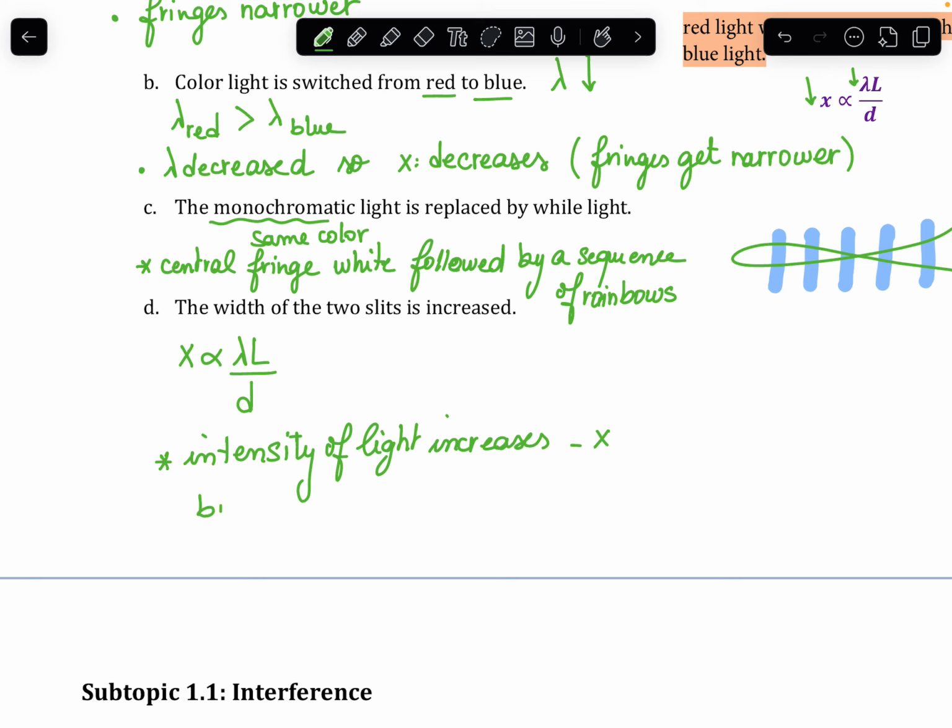So there are only brighter fringes, but x stays the same, not narrower nor wider.